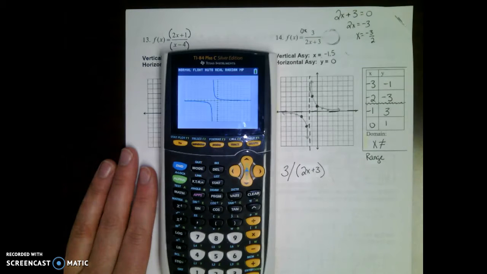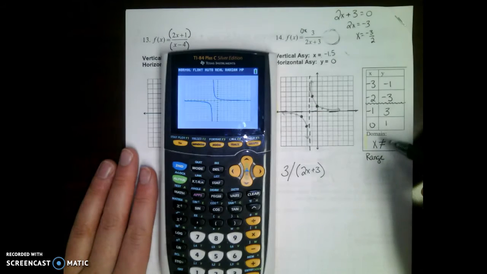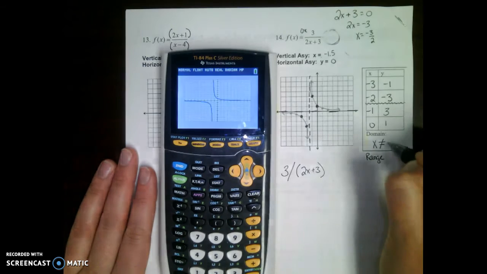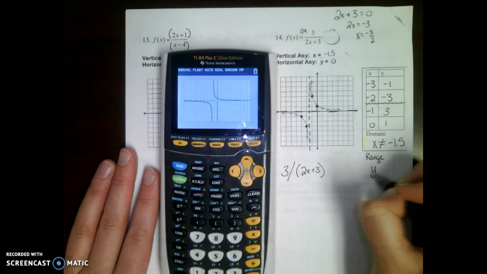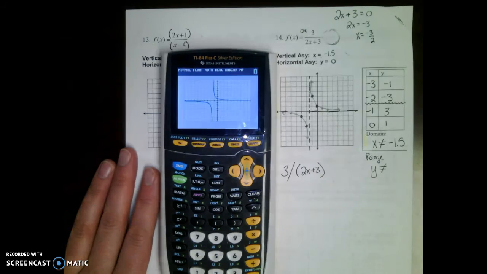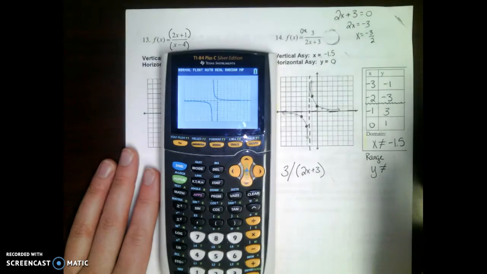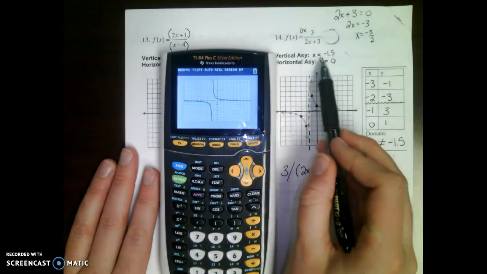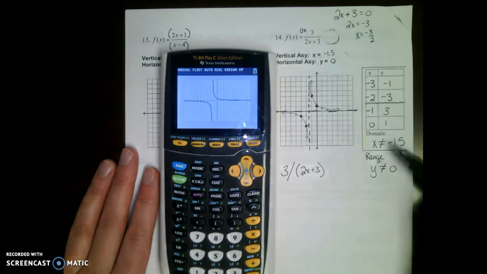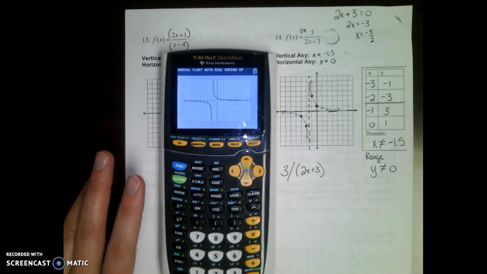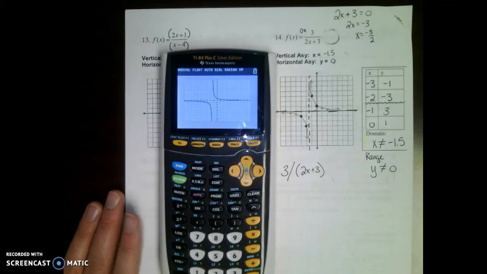X can't equal the vertical asymptote negative 1.5, and the range y can't equal the horizontal asymptote 0. These asymptotes tell you where the graph can't be. So for the domain and range, you're just telling us where the graph can't be.